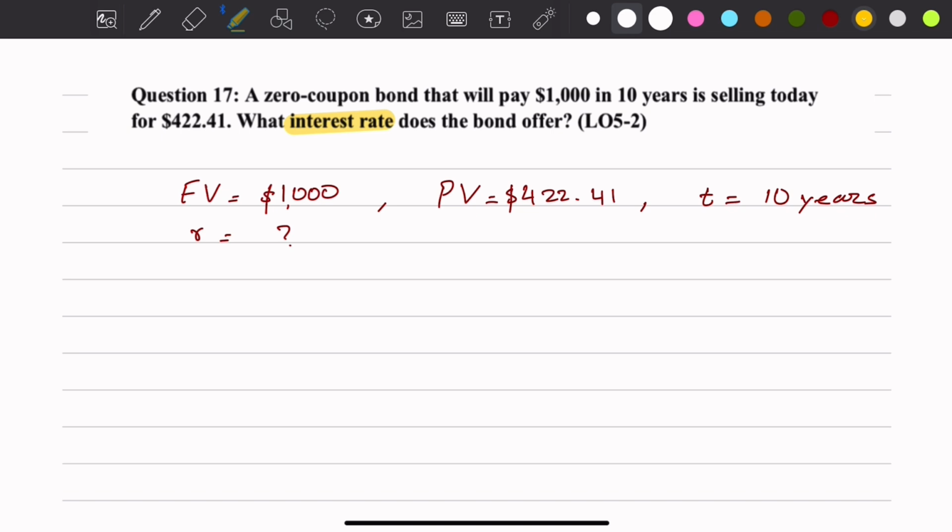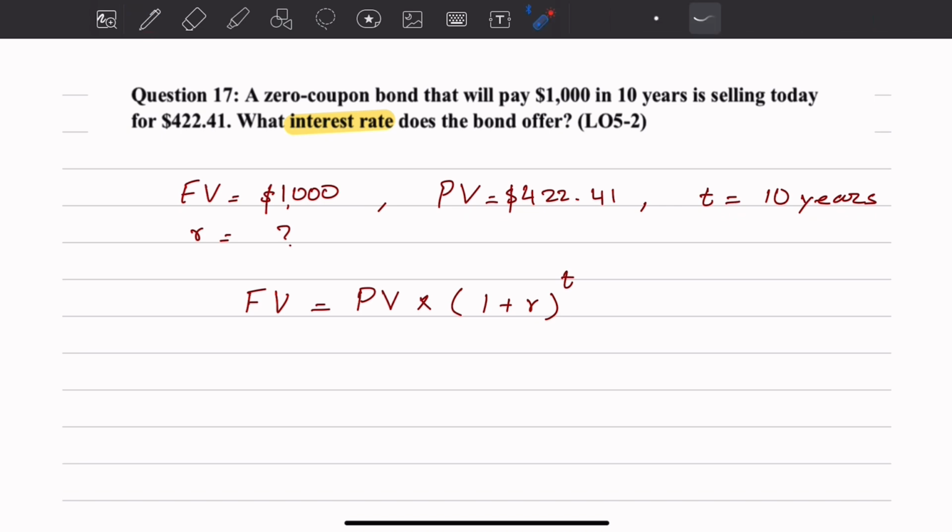If you have your mathematical skills, you could use the future value formula and play around with it in order to find the missing value. So we have our future value formula like so. What we want to do is put R on one side and the rest of the formula on the other side.